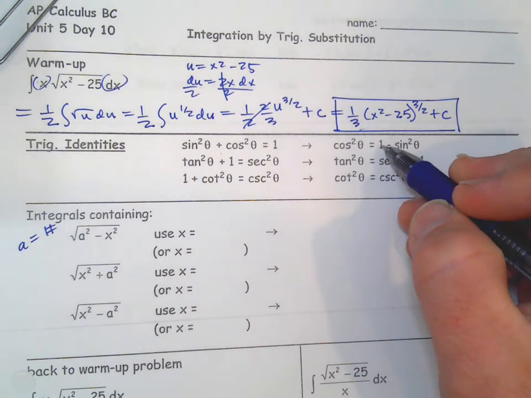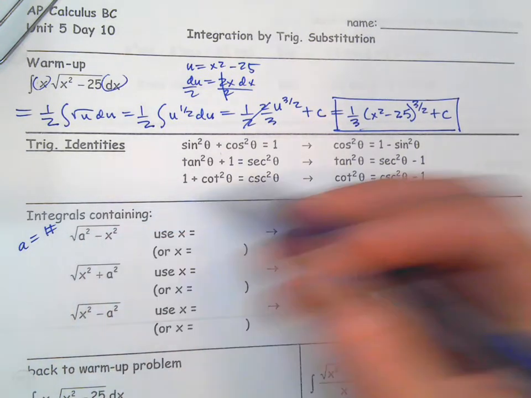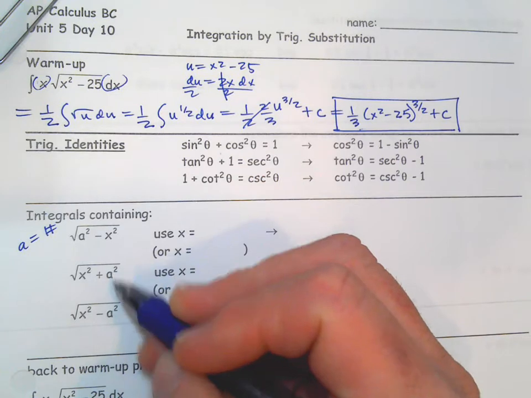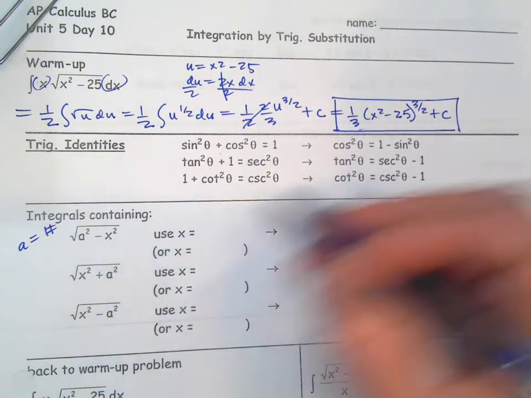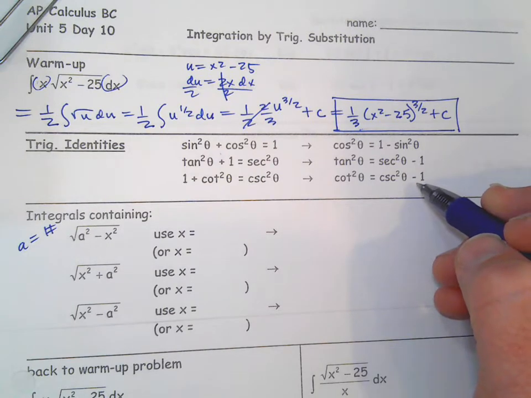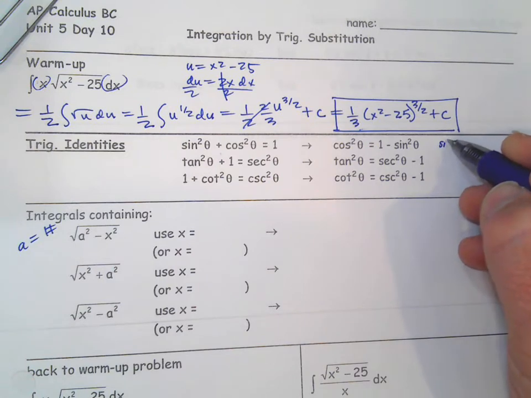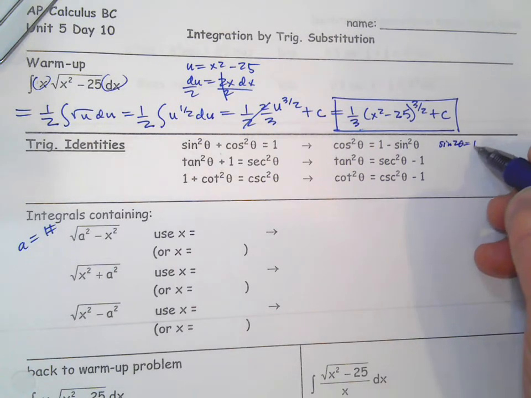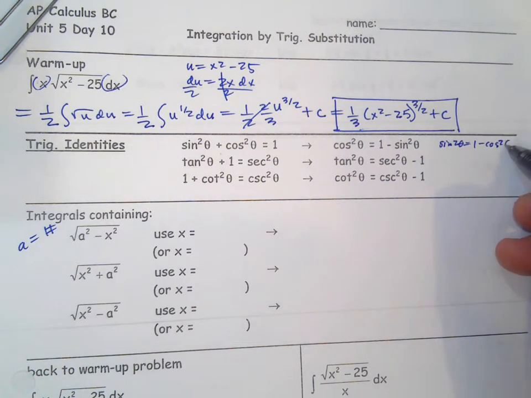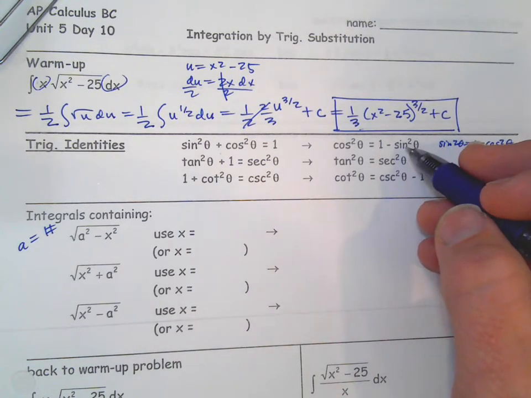So we can factor the a squared out, so there'd be a 1 there, or here or here. Each one of these matches up with one of these situations. In fact, we could do other versions too. I mean, we could do sine squared equals 1 minus cosine squared instead. That would work. So there's really like 6 different versions of these that we could do. But we'll just start with these ones for right now.